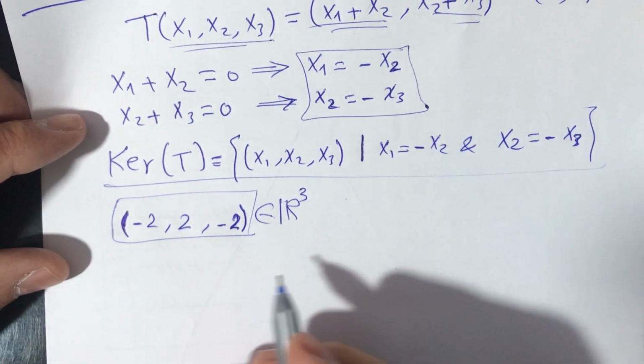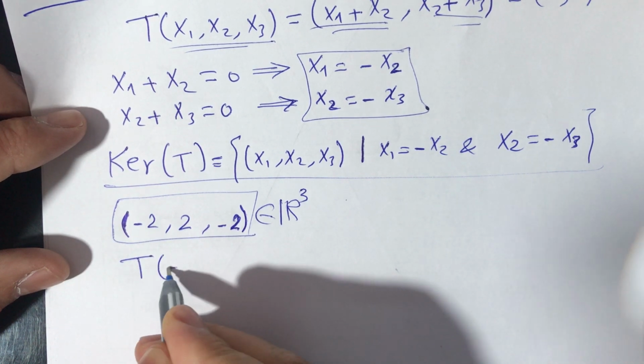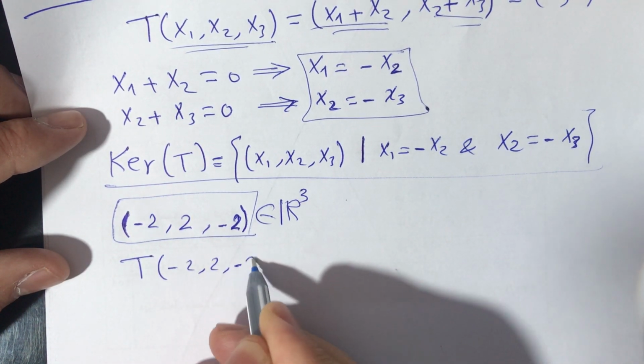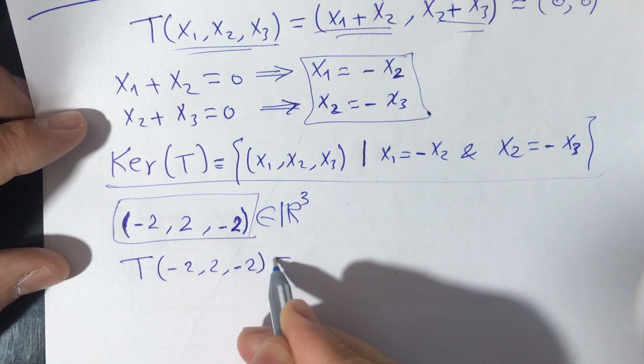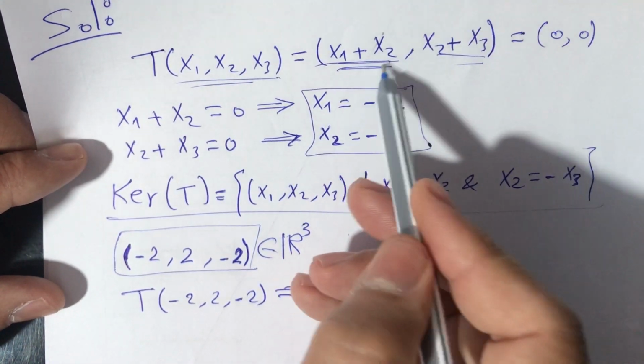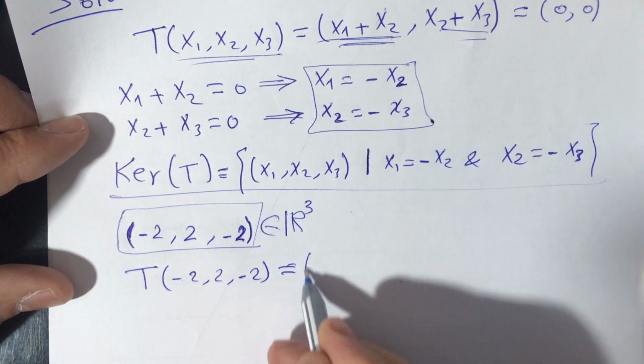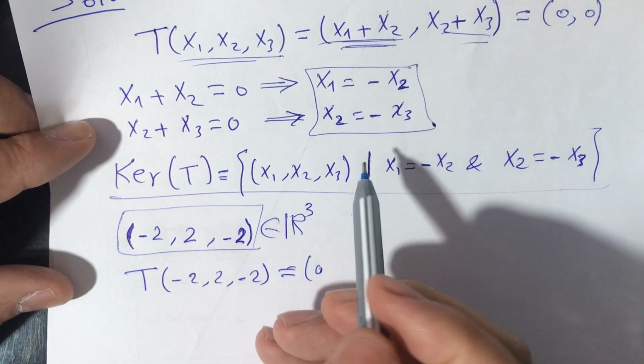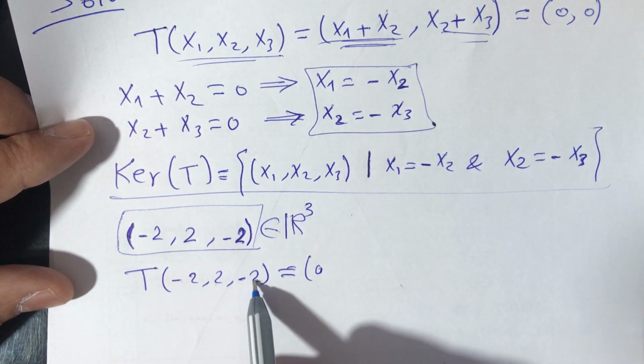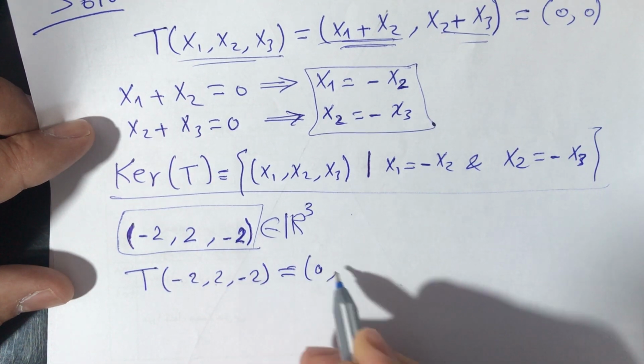Put it in T. T of (minus 2, 2, minus 2) is equal to, by the definition, x1 plus x2, this plus this will be 0, and x2 plus x3 also will be 0.